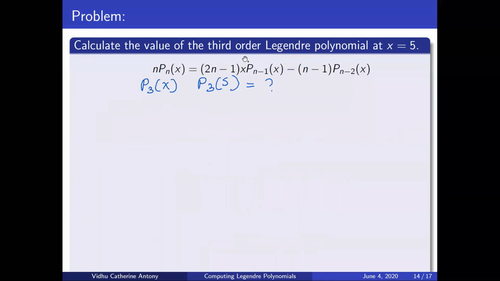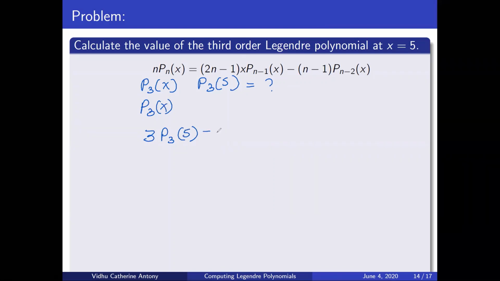You've been given the recurrence relation. Now you need to find P3 of x. Here you have a 3 P3 of x. I will write that as 5.